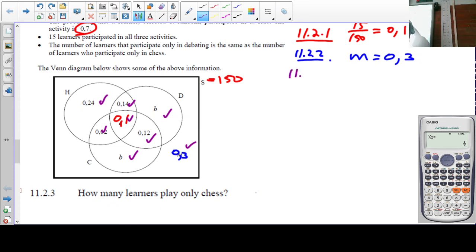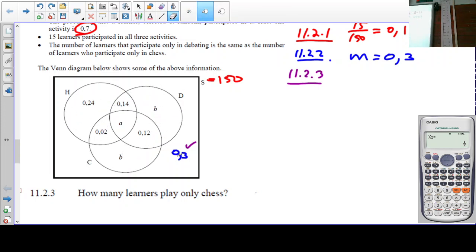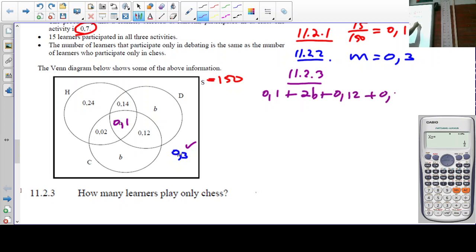So let's go with that. It's 11.2.3. So we've got 2 B's here. So it's going to be 0.1 plus 2B plus 0.12 plus 0.02 plus 0.14 plus 0.24 equals 0.7.